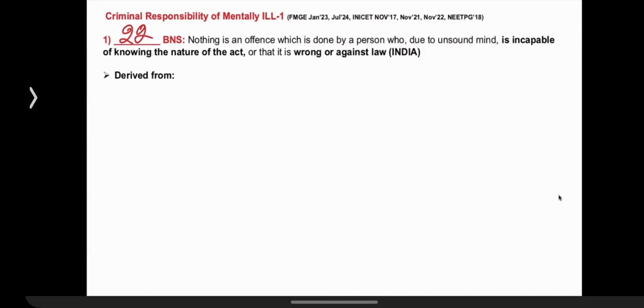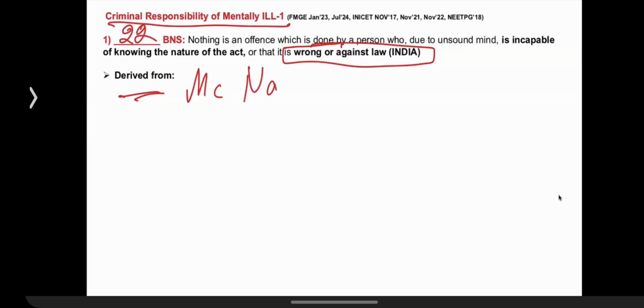Very important section: 22 BNS is for criminal responsibility of the mentally ill, and it is derived basically from the idea that if the person can't understand what is wrong, then he will not be punished. It is derived from McNaughton rules.